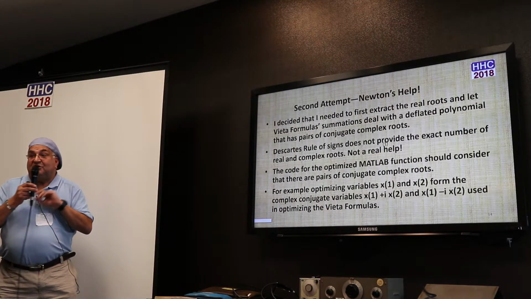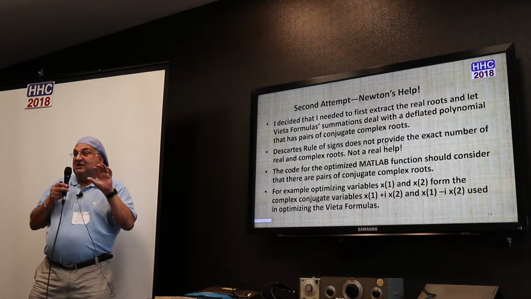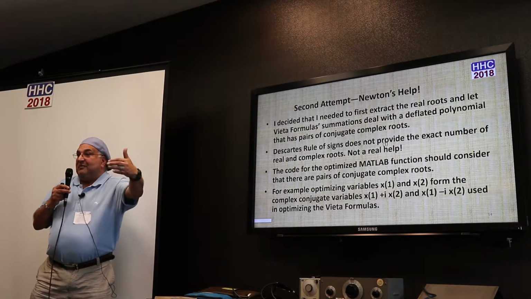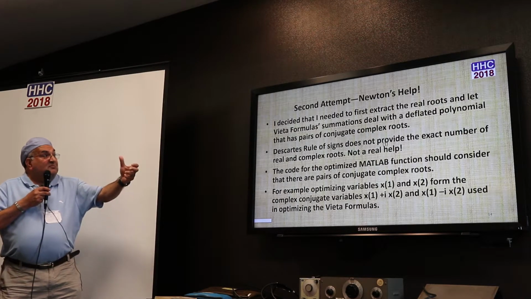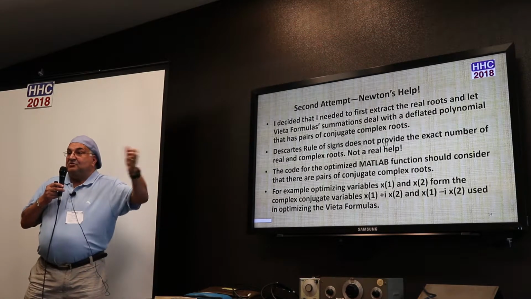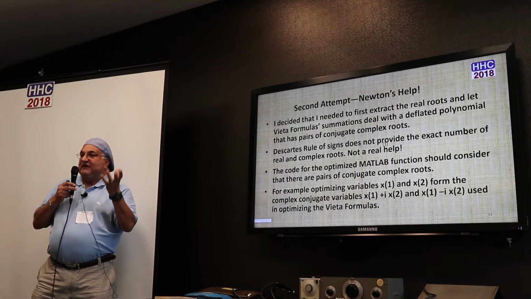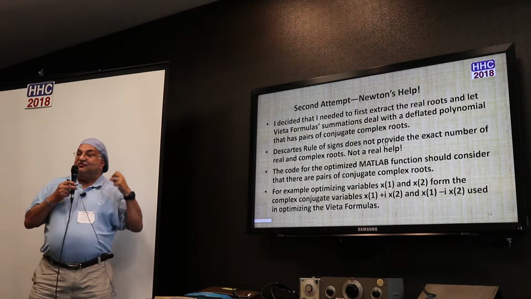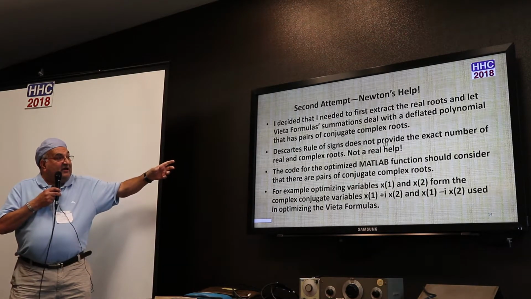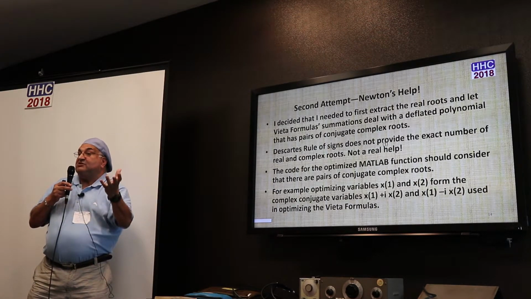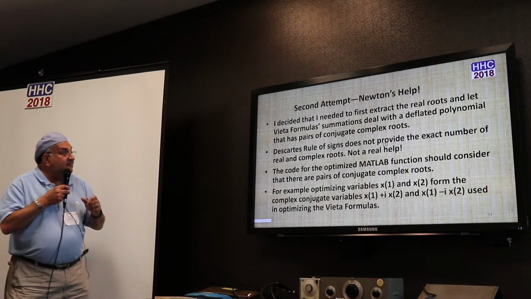And so I had to force MATLAB to handle stuff in real mode. I did not want it to encroach on the complex area. So I used MATLAB to extract the real roots, deflate my original polynomial, and I end up with a deflated polynomial that I give to the Vieta formulas to handle; there will be only pairs of conjugate roots.